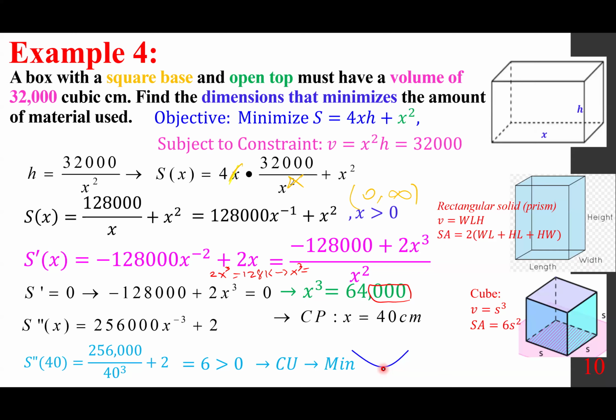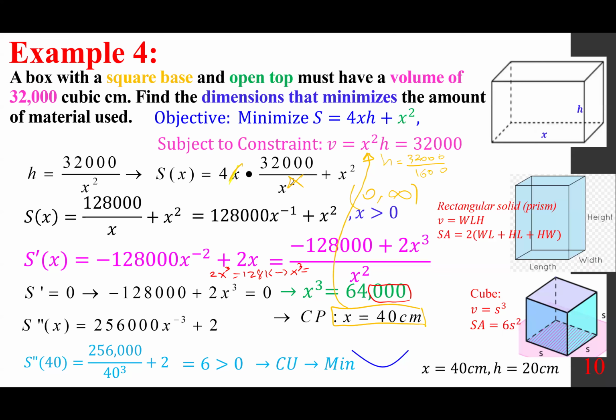Now, x equals 40 goes in here, becomes 40 squared, or 1600, and h becomes, the two zeros cancel each other. 320 divided by 16 is 20.